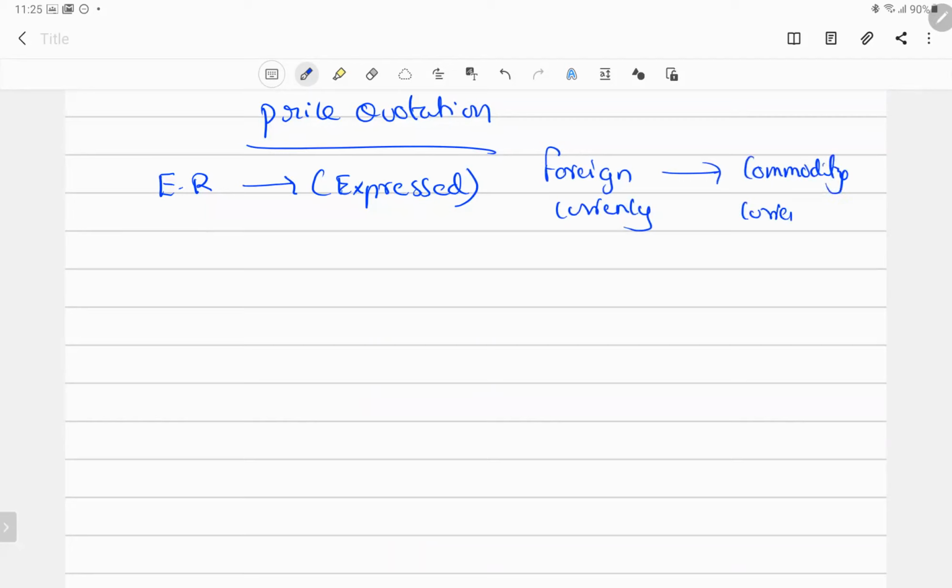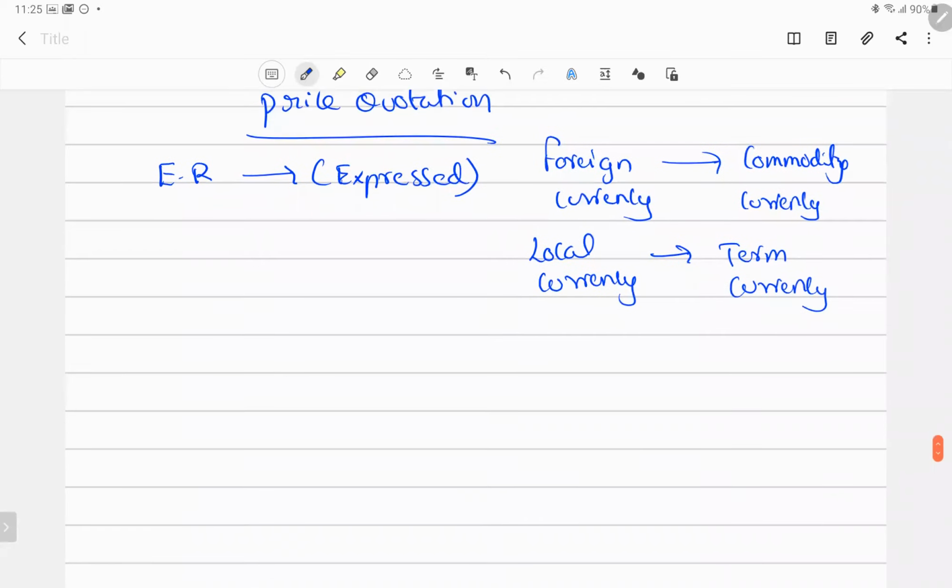In the same way, the local currency is your term currency. Local currency is nothing but the term currency.